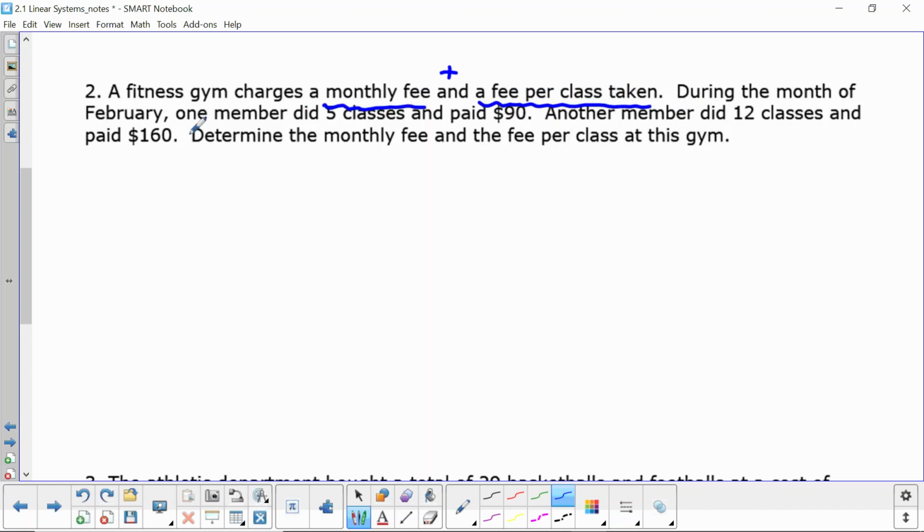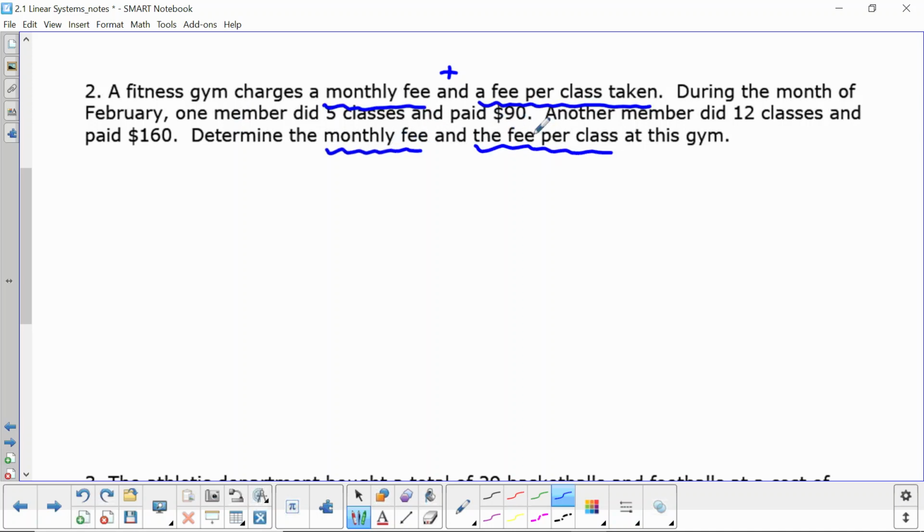During the month of February, one member did 5 classes and paid $90. Another member did 12 classes and paid $160. Determine the monthly fee and the fee per class.